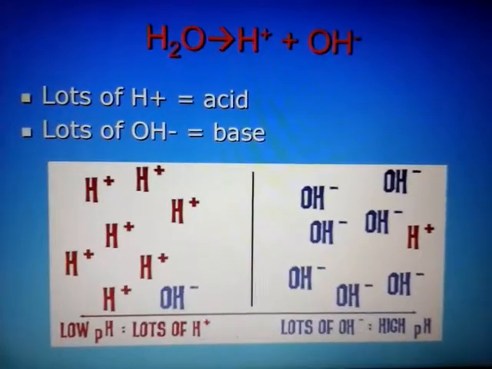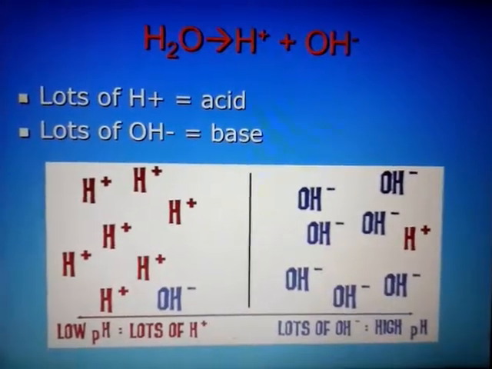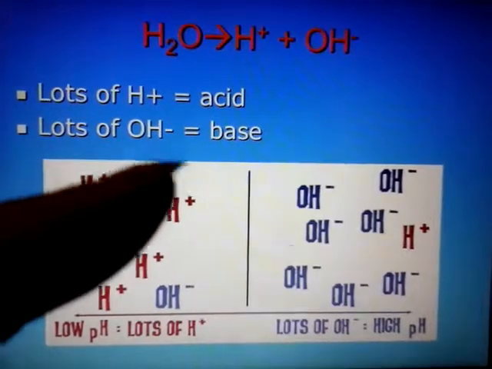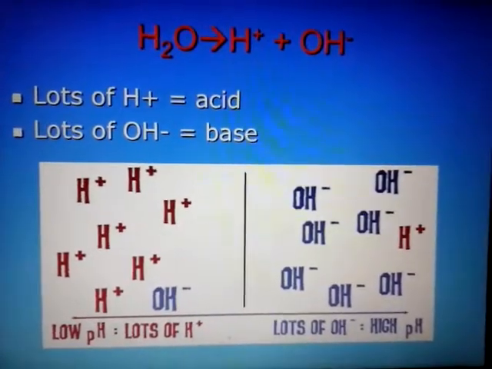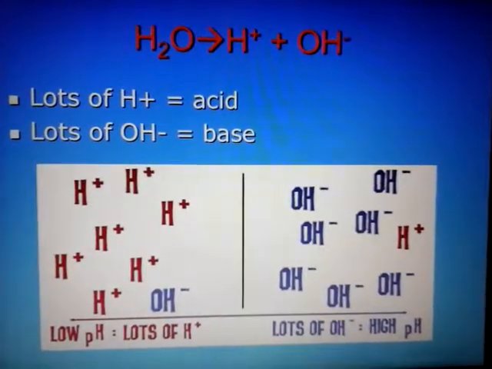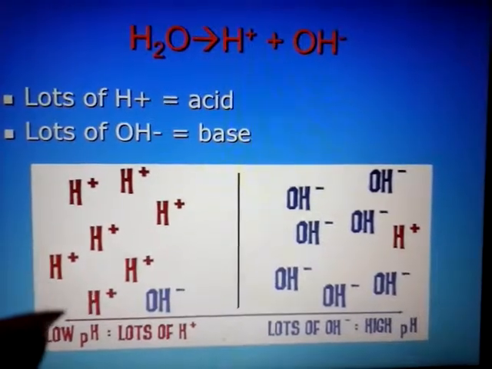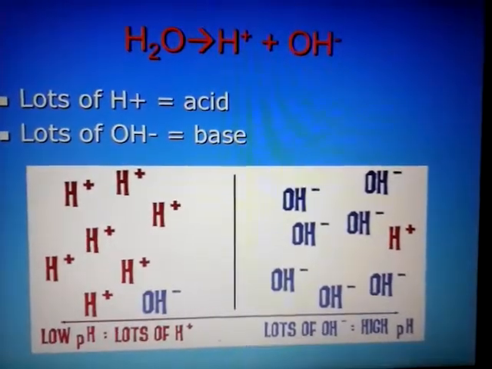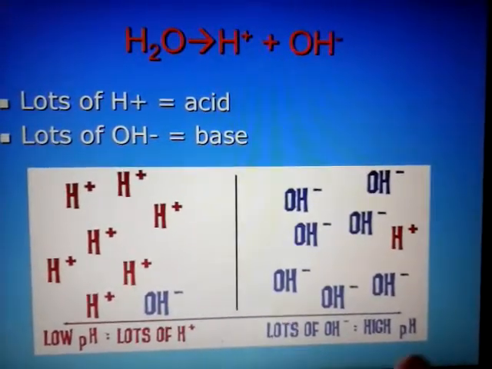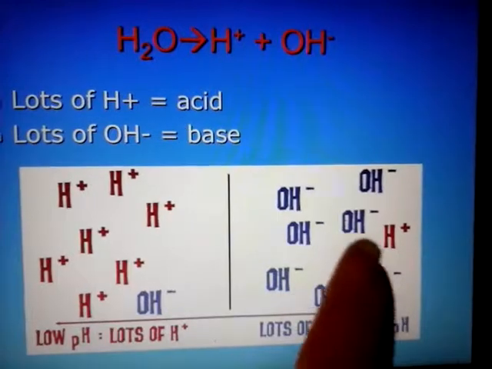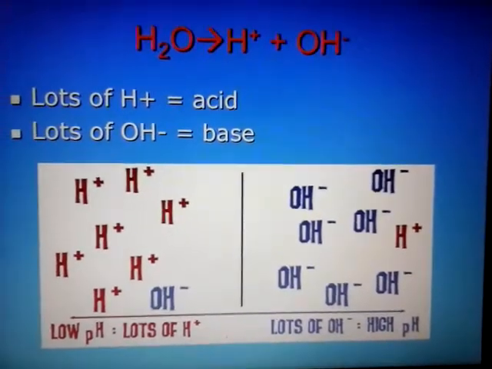Well, if you add a chemical to water and when that chemical breaks apart, it adds more hydrogen ions, like hydrochloric acid, which breaks down to hydrogen and chlorine, so I'm going to add even more hydrogen to the solution, I'm going to have something that's an acid. If I have a chemical that when it falls apart adds more hydroxide to the solution, like sodium hydroxide, that chemical is going to be a base.